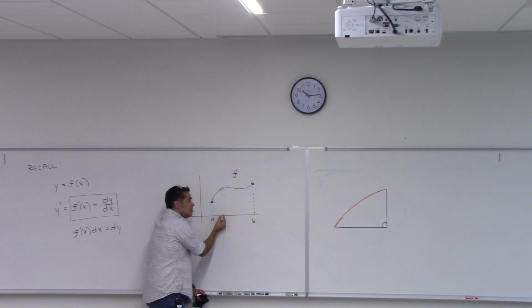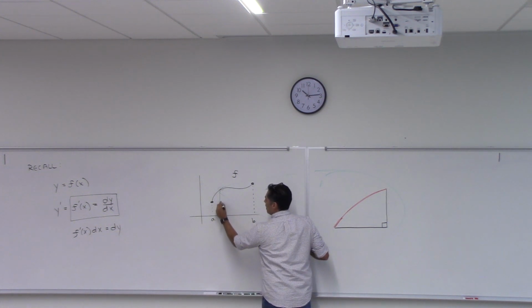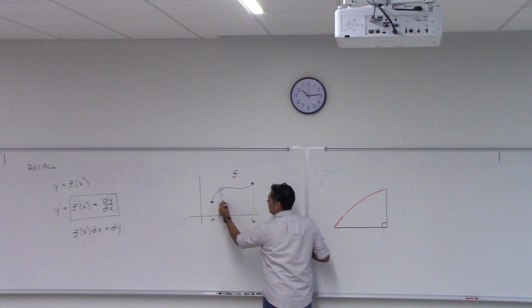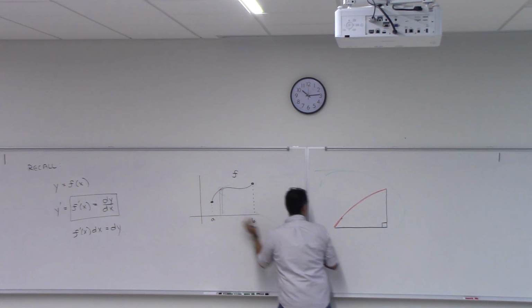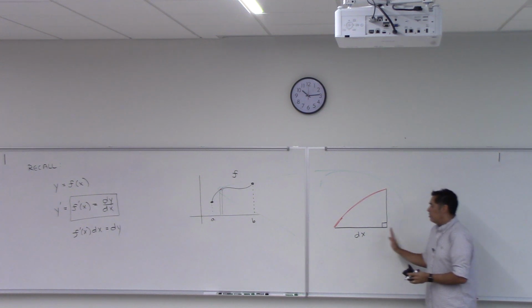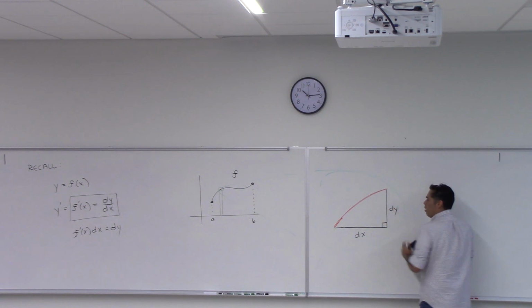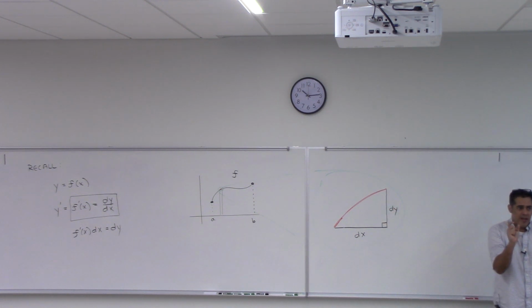So this piece right here that I zoomed in, you could almost look at it like it's not a rectangle because it's curved up at the top. But the width of it, this bottom piece, should be dx. Y'all agree? That's your little change in x. And then the vertical change should be your change in y, dy. Infinitesimal little change in x, infinitesimal little change in y. Everyone buy that?